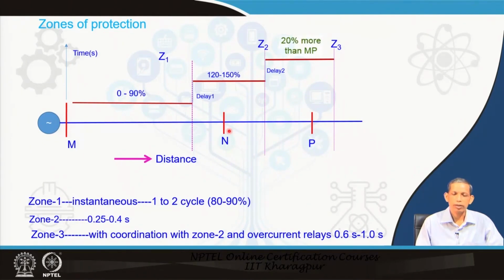So, zone 2 of Rn will be a similar time step curve. Therefore, we say that zone 3 should be further delayed, typically around 0.6 to 1 second, as high as 50 cycles for a 50 Hz system, or 60 cycles for a 60 Hz system.